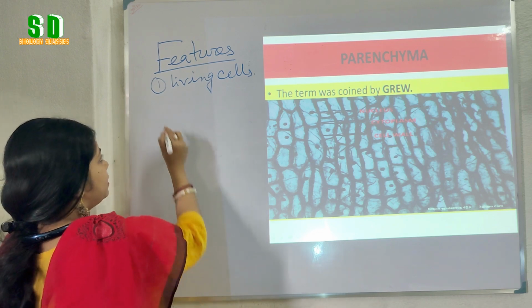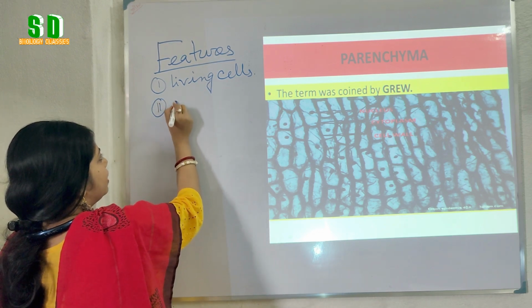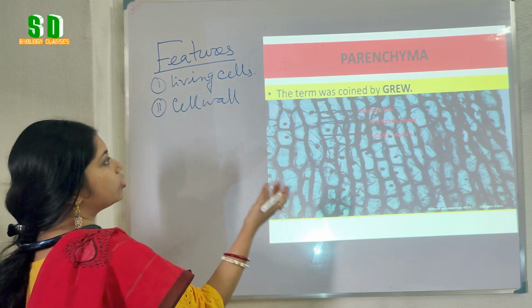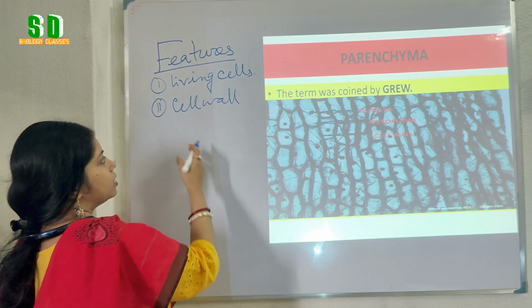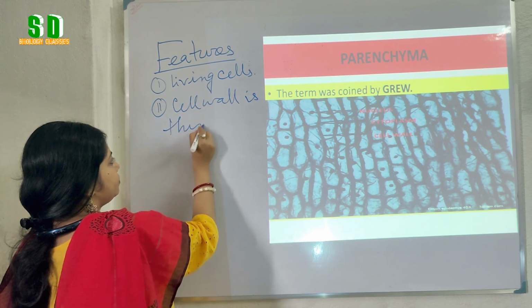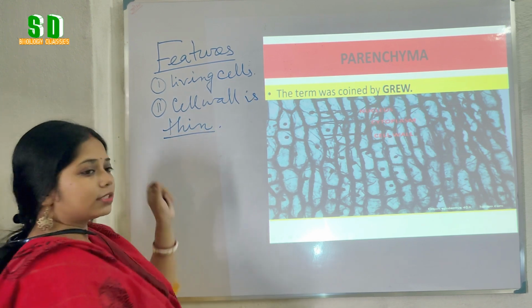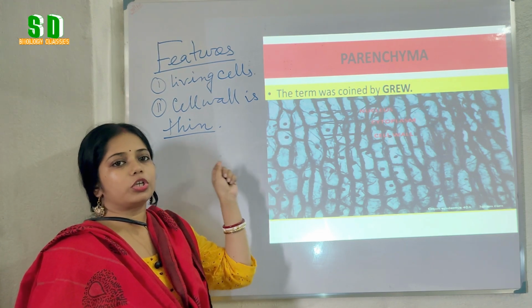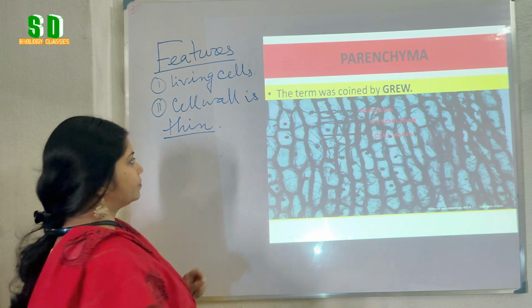Now, the cell is surrounded by the cell wall. The cell wall of the cells present in the parenchymatous tissue is thin, as it is just directly formed from the meristematic tissue. So here also the cell wall is thin.